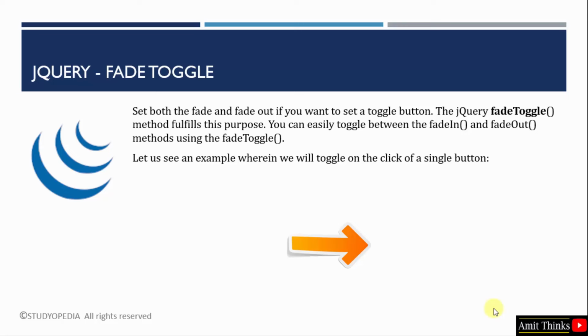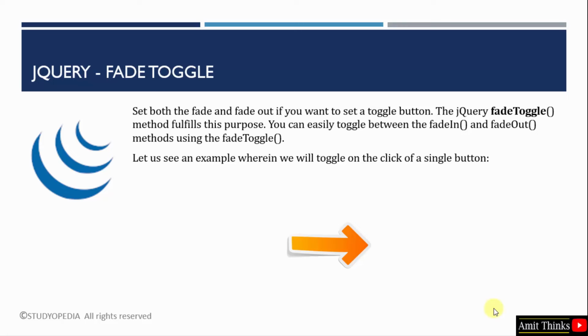So here was our fadeOut example. I'll create a new file. Right click, new file, index10.html. Okay, now let us take the following code. Copy, paste. Okay, so this was for our fadeOut effect. Now let us set the toggle here.